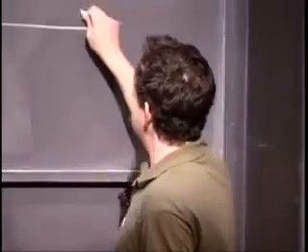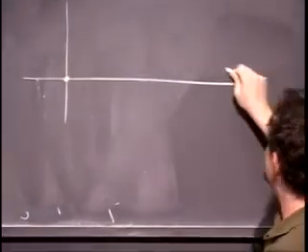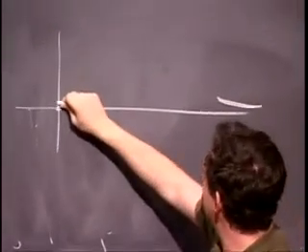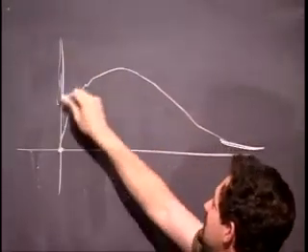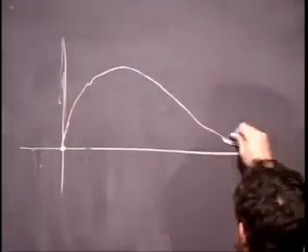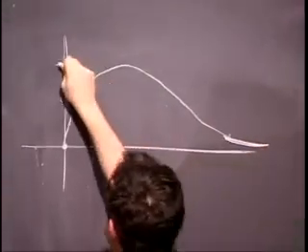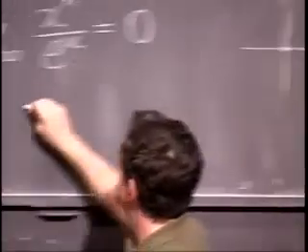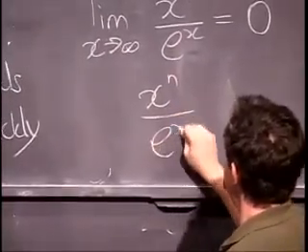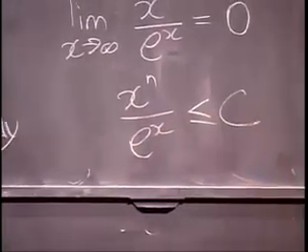Now, the point is that this function has to do this, so guess what? I don't know what it does. It can't get too high, though. It's got to go up and then down because of this. So there's some c that it's less than. So x to the n over e to the x has to be less than or equal to c.